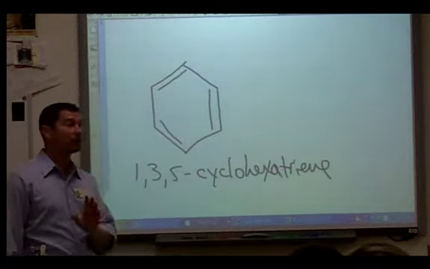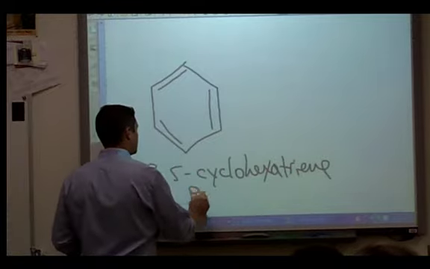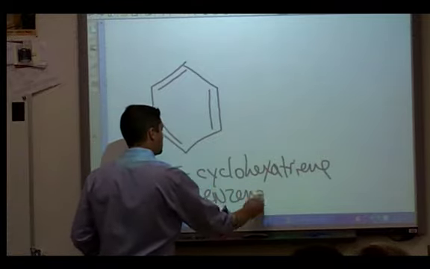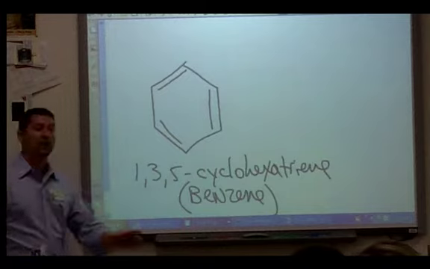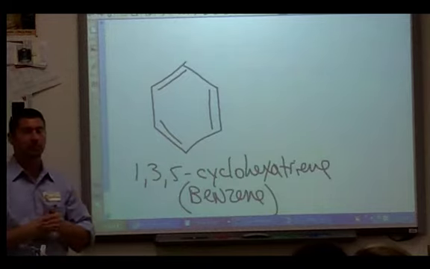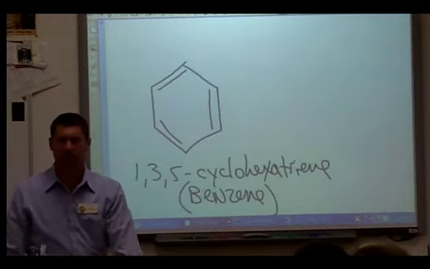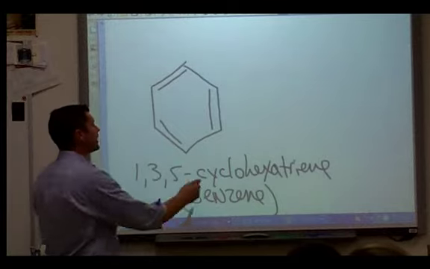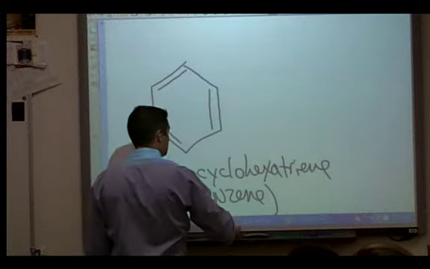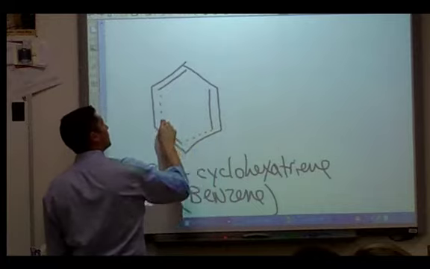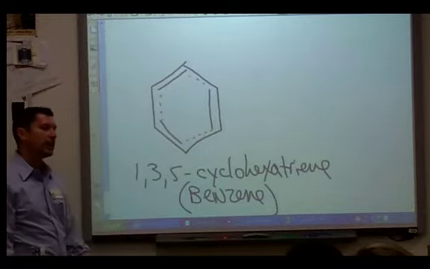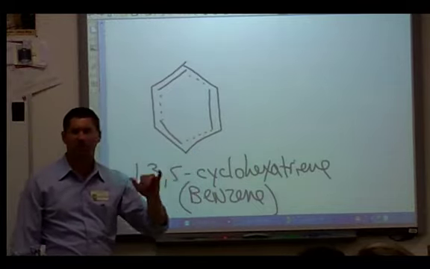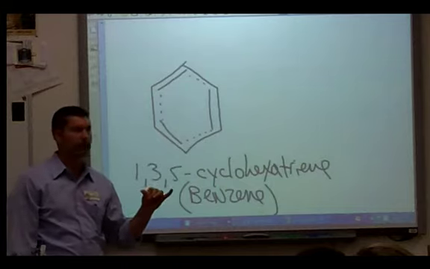Okay, and so we call it something else. We call it benzene to make it a little bit easier. Okay. Now, I don't know if you learned this last year or not, but there's something called resonance, which means couldn't I have put the double bonds here, here, and here? And in actuality, electrons move at like the speed of light. That's exactly what happens.